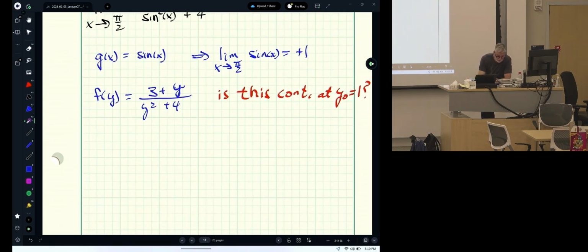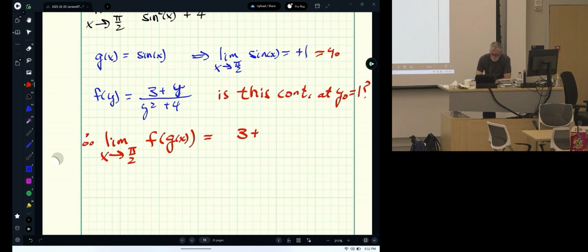And hence, the limit as x goes to pi over 2 of f of g of x is just f of y0, so 1 plus 1 over 1 plus 4, 4/5. Done.